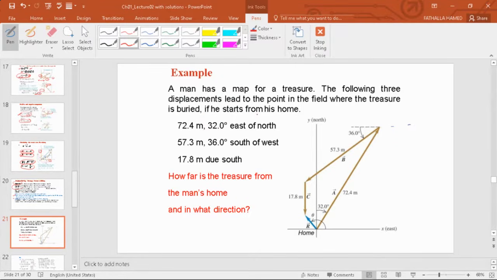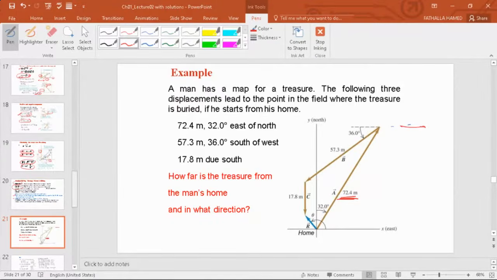If he starts from his home, from here, 72.4 meters at an angle 32 degrees east of north. So that's your north here. He goes east of north 32 degrees and he moves 72.4 meters.